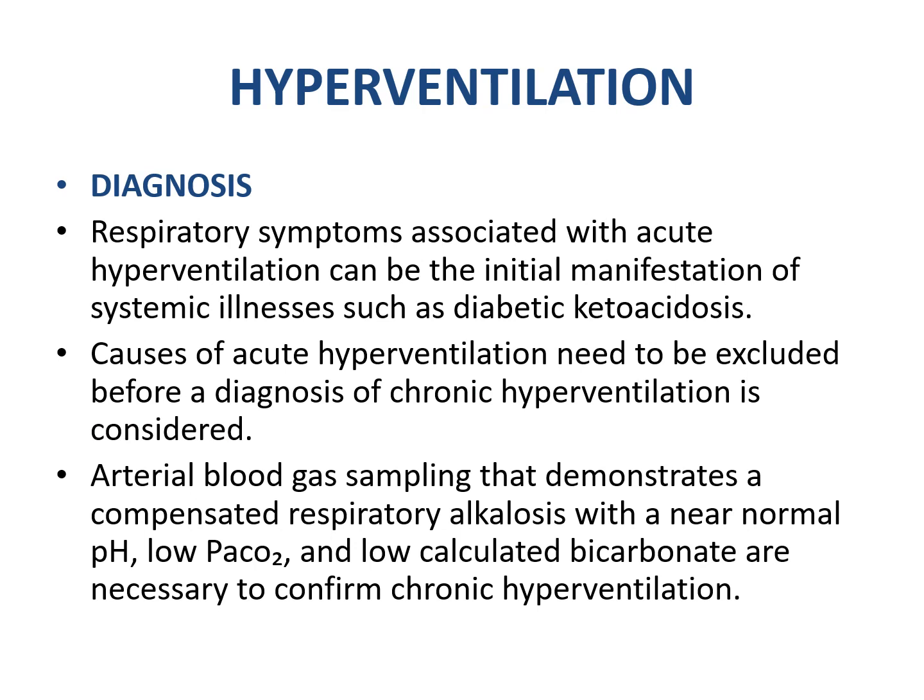Respiratory symptoms associated with acute hyperventilation can be the initial manifestation of systemic illness such as diabetic ketoacidosis. Causes of acute hyperventilation need to be excluded before a diagnosis of chronic hyperventilation is considered. Arterial blood gas sampling that demonstrates a compensated respiratory alkalosis with a near normal pH, low partial CO2, and low calculated bicarbonate are necessary to confirm chronic hyperventilation.